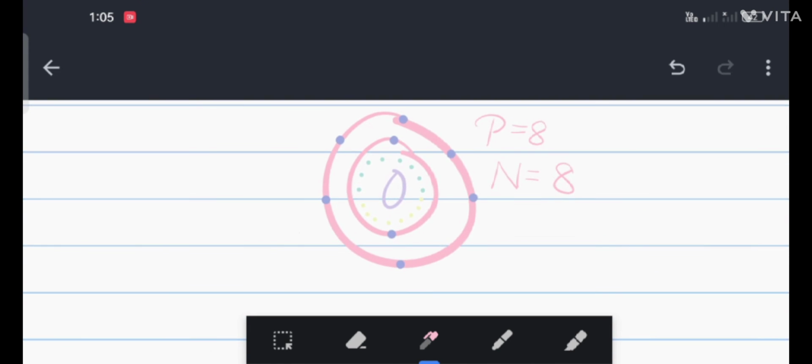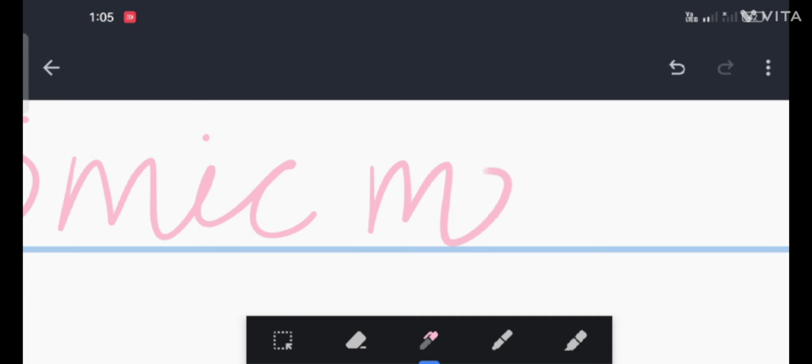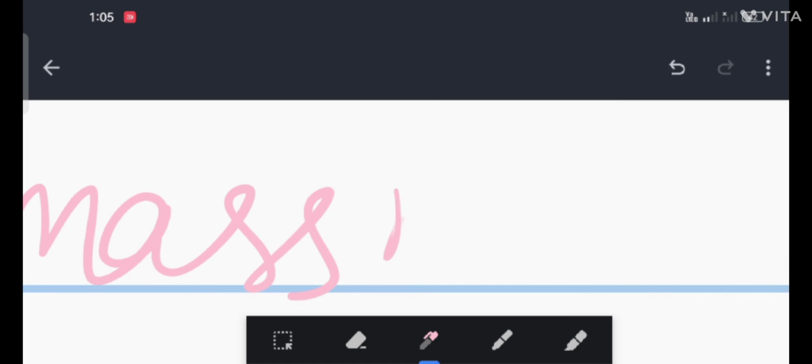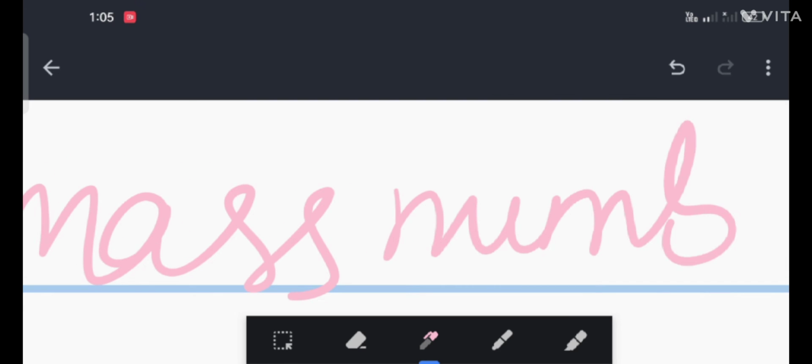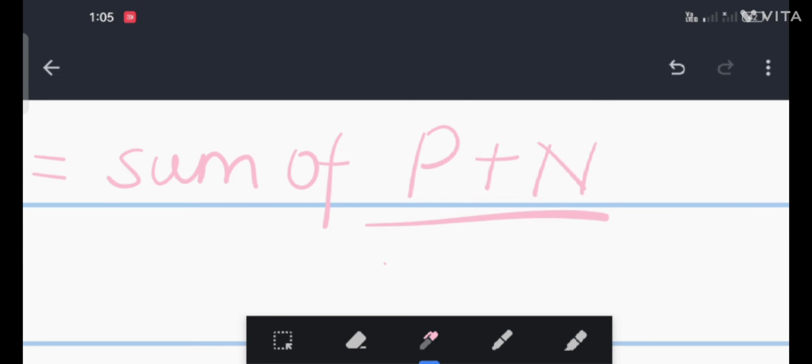So how do we find the atomic mass of this atom or this element? Atomic mass number is the sum of the number of protons plus the number of neutrons.